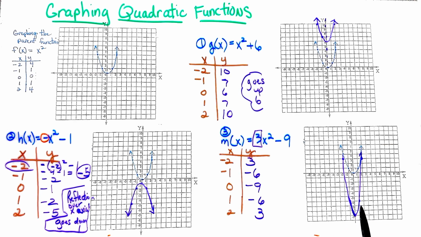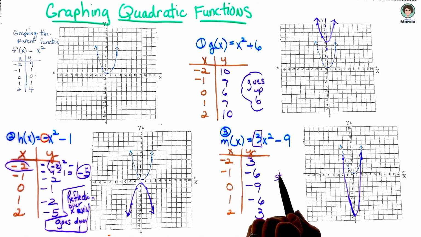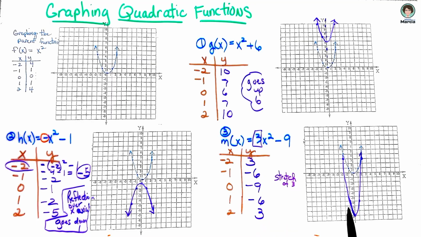And so we call that a stretch. It has a stretch of 3. It has gotten steeper. Okay, so now here is my parent function, and look at where the vertex of the parabola is, and it has gone down 9.